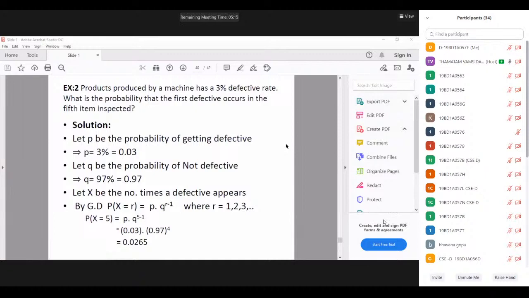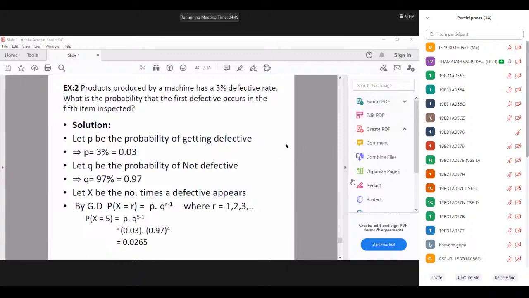In Unit 2, we covered the topics random variables, discrete and continuous. In both cases, we discussed problems on how to find k, how to find mean, and how to find variance. And probability distributions: binomial, Poisson, and geometric distributions.